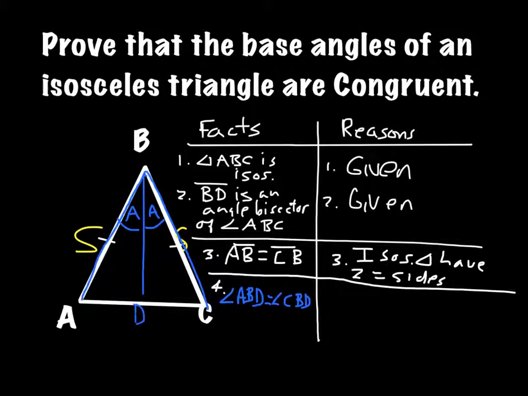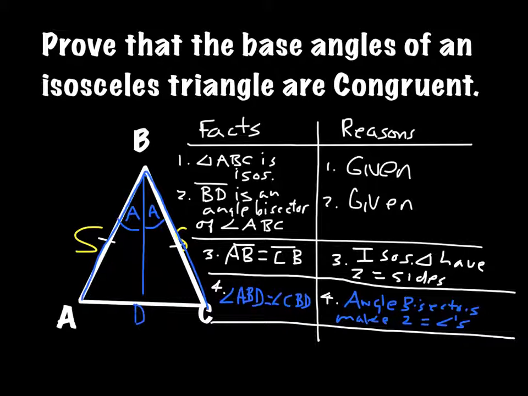And the reason why I know that's true is because angle bisectors make two equal angles. So I'm sitting on a side matching with a side and an angle matching with an angle.